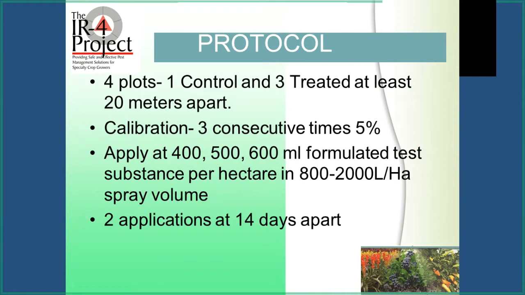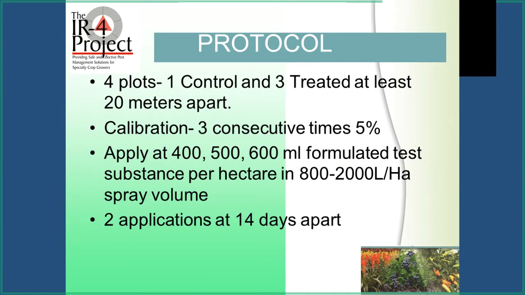Calibration, a requirement of 3 consecutive times within 5%. And they needed to apply 400, 500, and 600 mils of formulated test substance per hectare in an 800 to 2,000 liter per hectare spray volume.